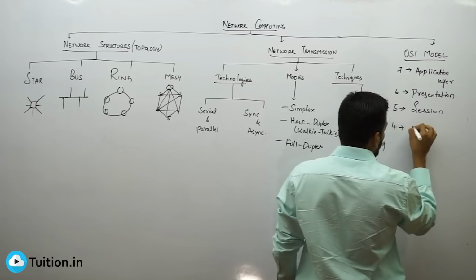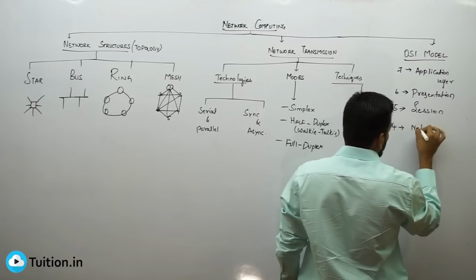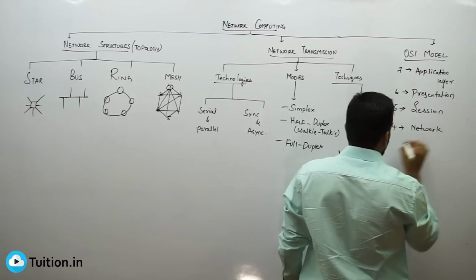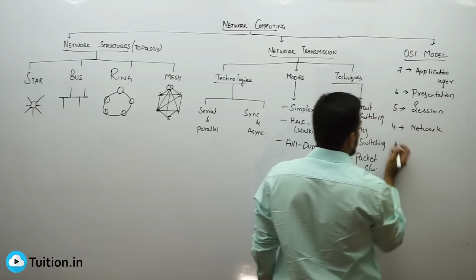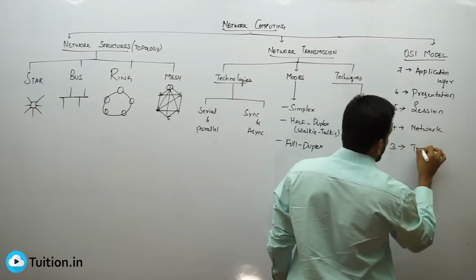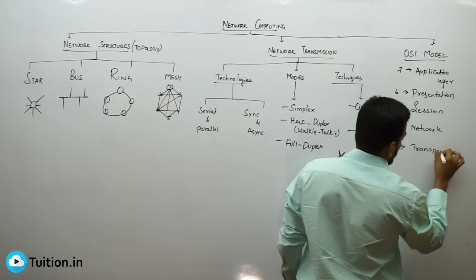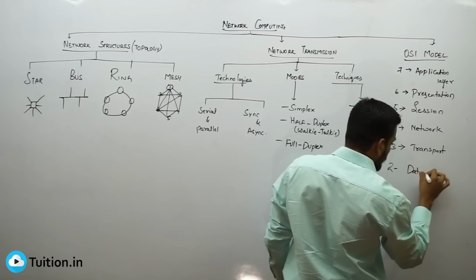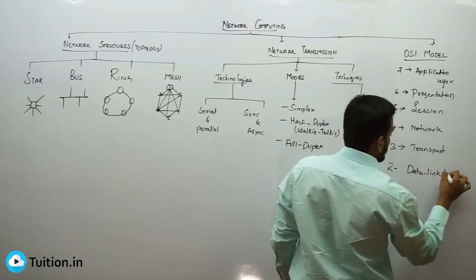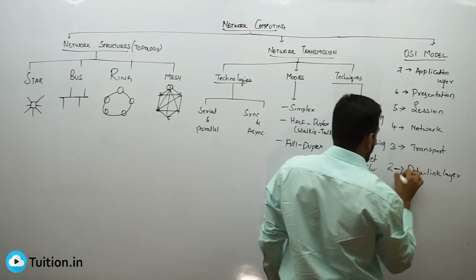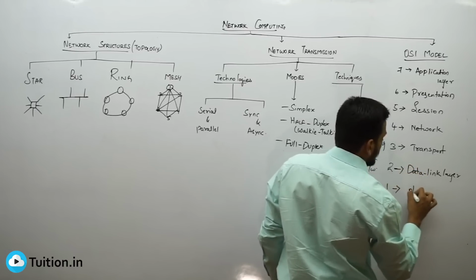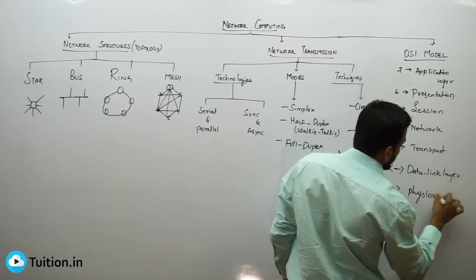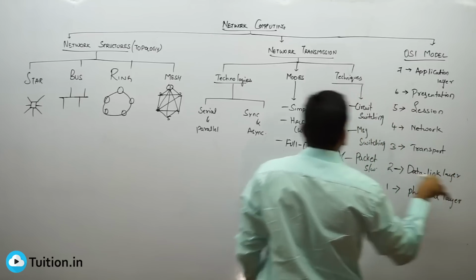Then we have the network layer. Then we have 3, the transport layer. 2, the data link layer, and lastly, innermost, the physical layer, where the data is actually sitting, right?